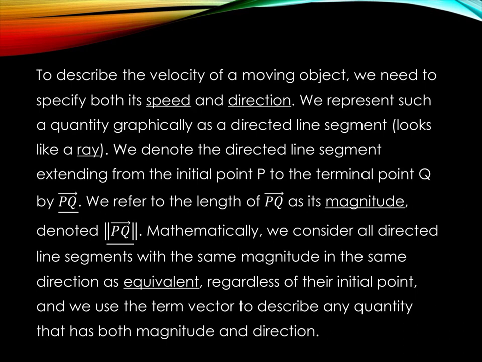And we use the term vector to describe any quantity that has both magnitude and direction. Okay, so we could write a list of terminology that says vector and write a definition, right? These are all intermingled together. So I feel like a paragraph merging them all together makes sense in this context.